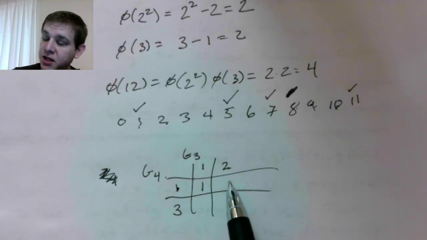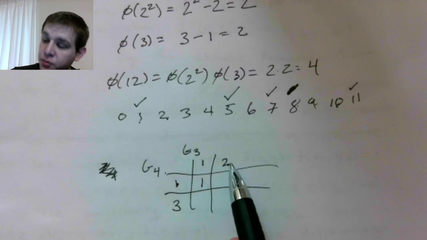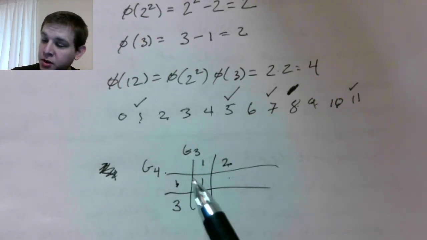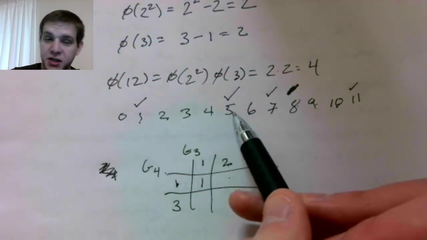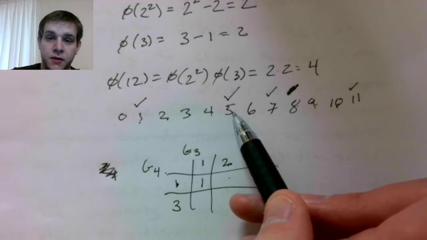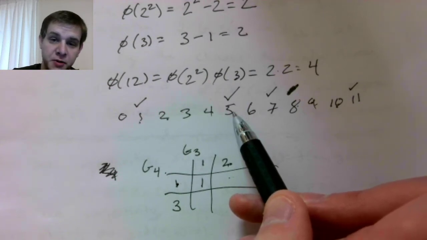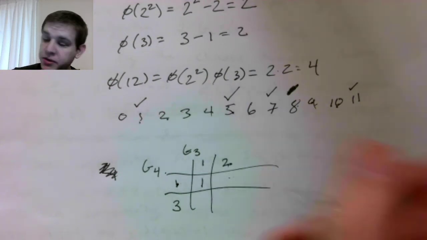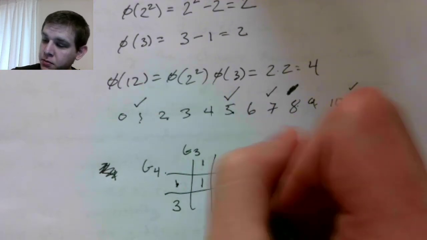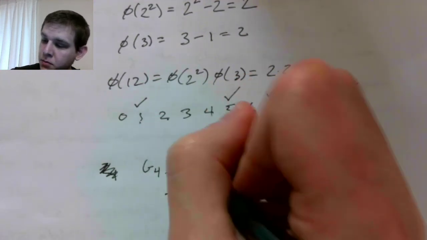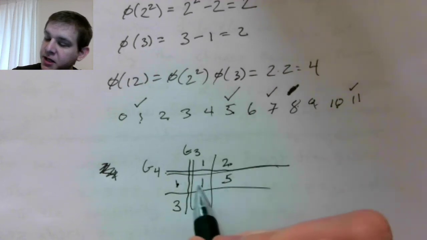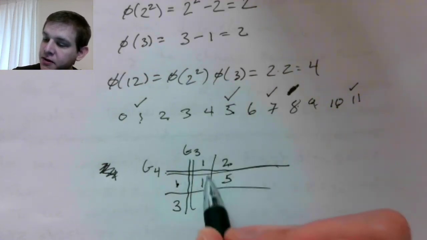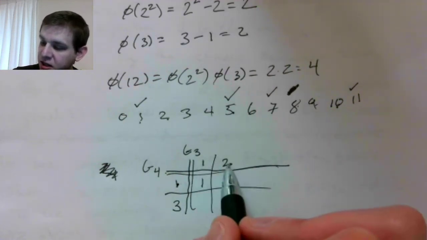Let's try to find this element. I need to find something that's 2 more than a multiple of 3 and 1 more than a multiple of 4. Well, that's going to be this one, right? 5 is 1 more than a multiple of 4. It's 4 plus 1, and it's 3 plus 2. Right, so in this table, I'm filling in the elements of Z_12, and this is the elements of G_3.